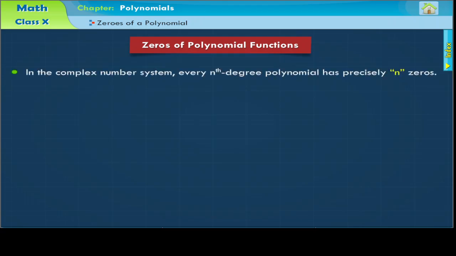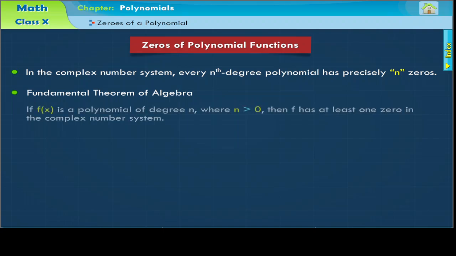Zeros of polynomial functions. In the complex number system, every nth degree polynomial has precisely n zeros. Fundamental theorem of algebra: if f of x is a polynomial of degree n, where n is greater than 0, then f has at least one zero in the complex number system.